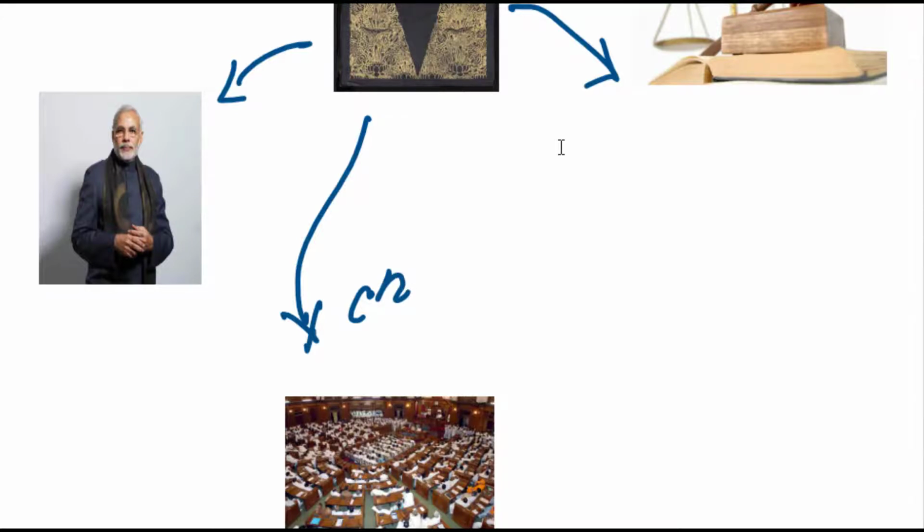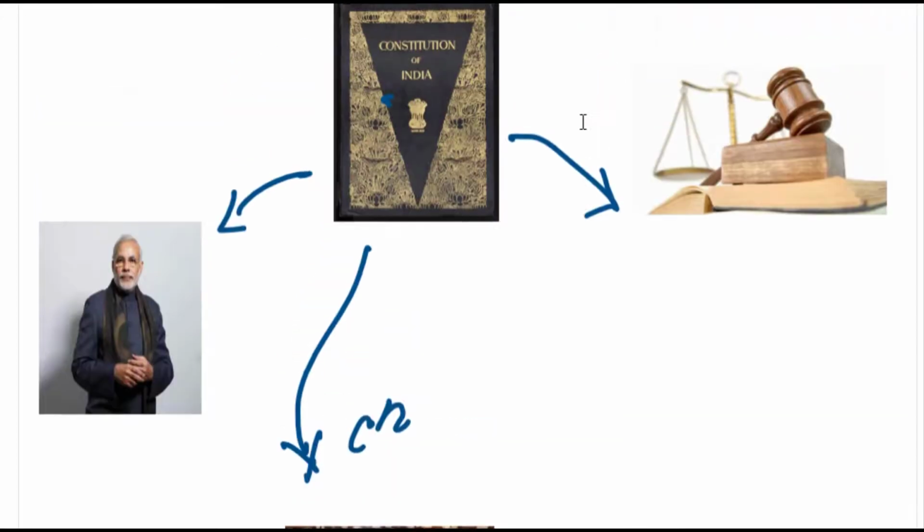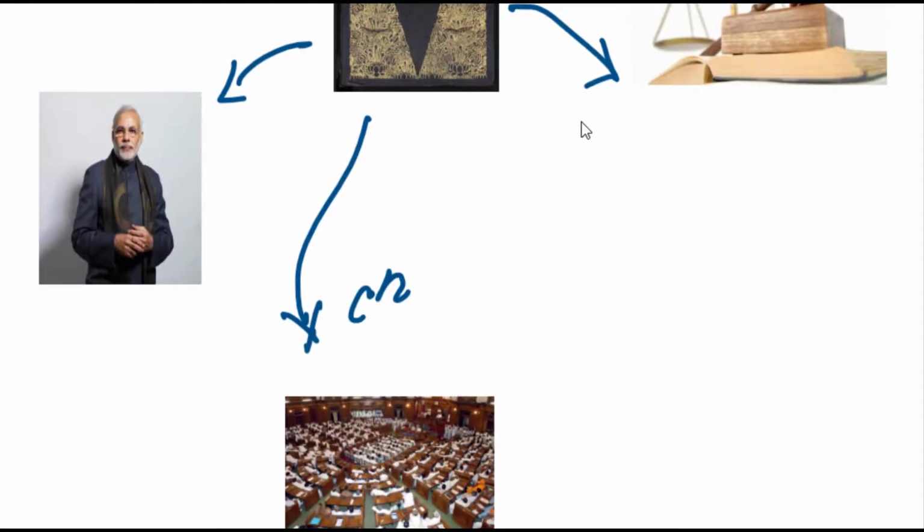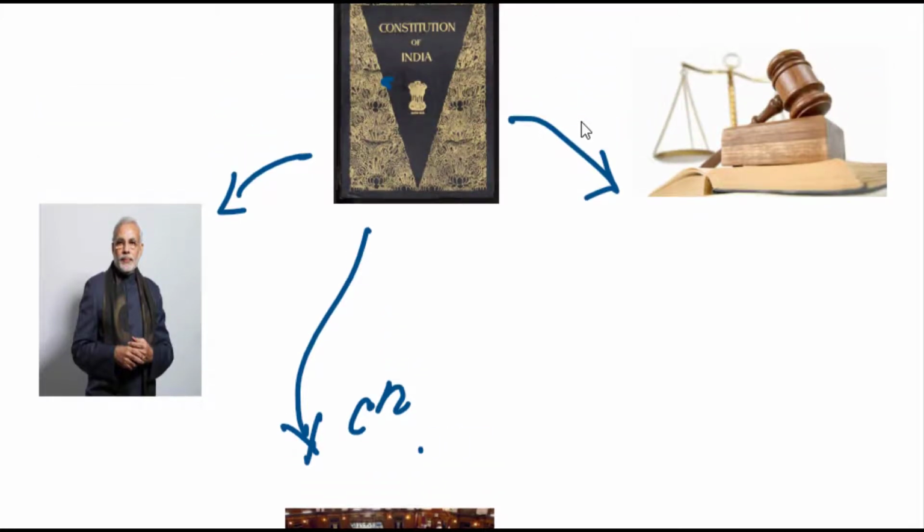The Constitution says so is the reason we obey the laws made by the parliament, and it is the reason why we follow the decisions passed by the judiciary. Because the Constitution has empowered the legislature to make laws, and the Constitution has empowered the judiciary to interpret those laws.